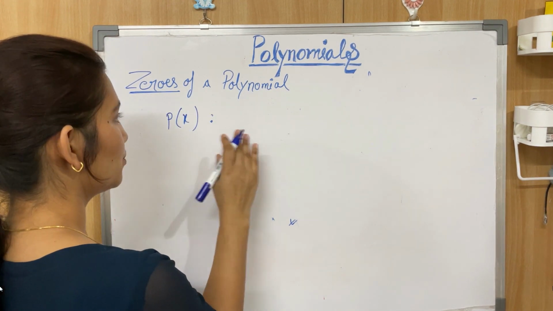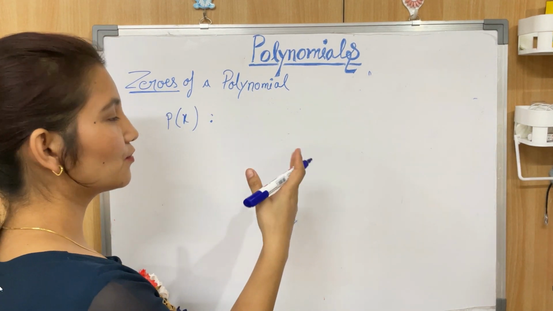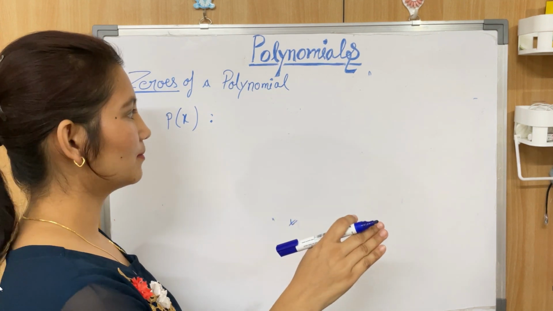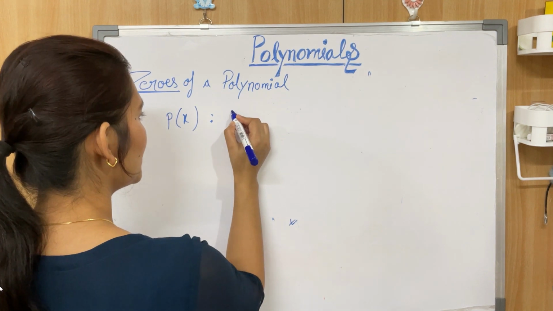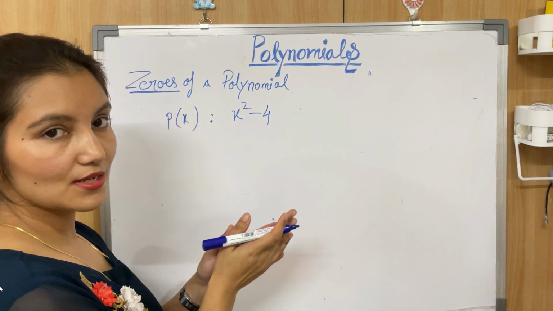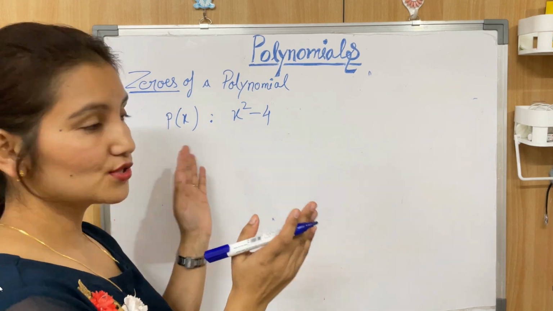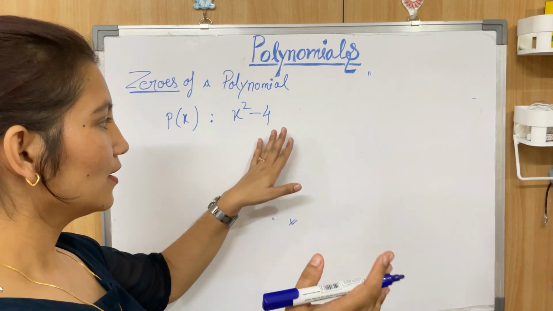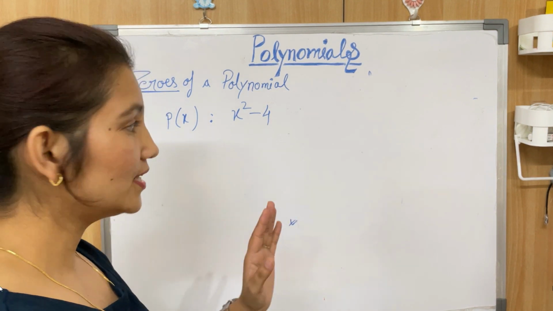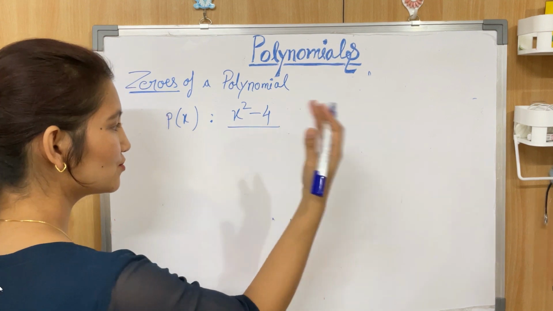So far we have found the zeros of linear polynomials. What if the case is like this? This is a quadratic polynomial, and you need to find the 0 of this polynomial. Again, the step would be the same. First thing we will do is equate this expression to 0.